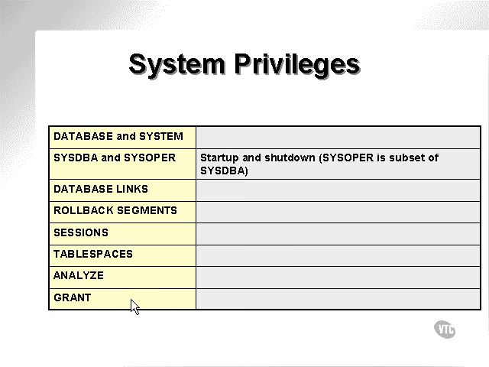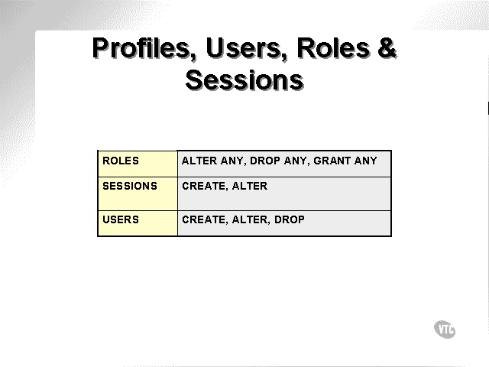System privileges are mostly database administration. We don't really need to go further with it. The system privileges we're really interested in for the introduction to SQL are profiles, users, roles, and sessions. Roles. We can do things with roles, as in alter any role, drop any role, grant any role.